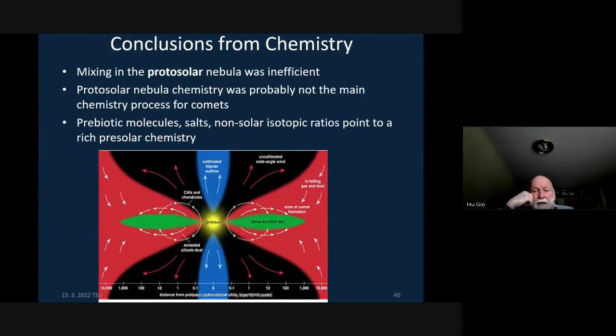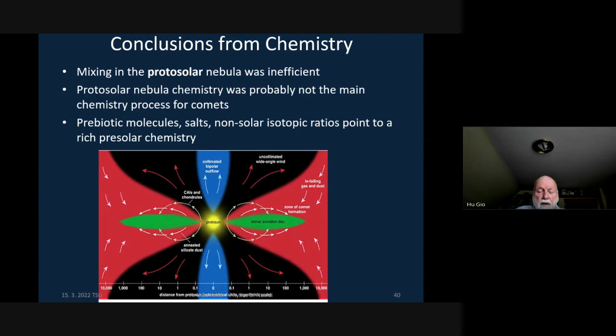There was mixing very clearly, but it's not efficient. It's not fully mixed, it did not completely mix up the material. The protosolar nebula chemistry was probably not the main chemistry process in comets. Prebiotic molecules, salts, and non-solar isotopic ratios point to a rich pre-solar chemistry.